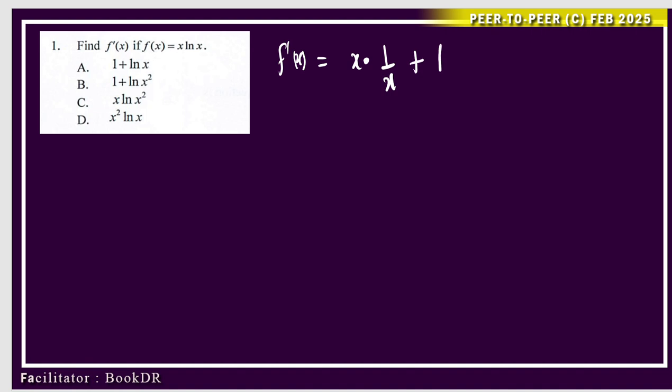Then plus, this time around, we'll maintain ln x and differentiate the x, and that will yield 1. So simplifying, x times 1 over x will give us 1. Then ln x multiplying 1 is also ln x. So the correct answer is A.